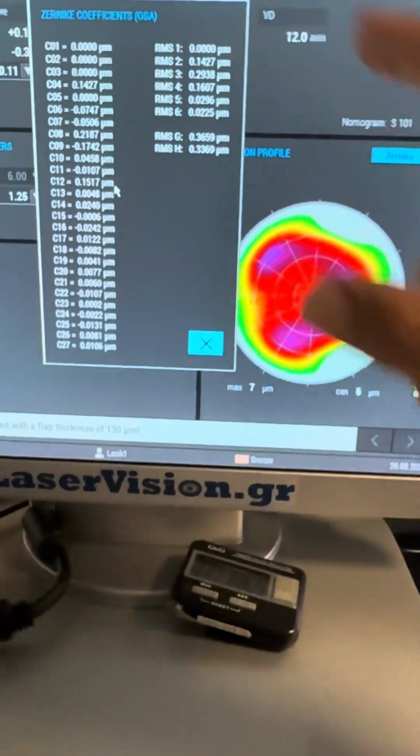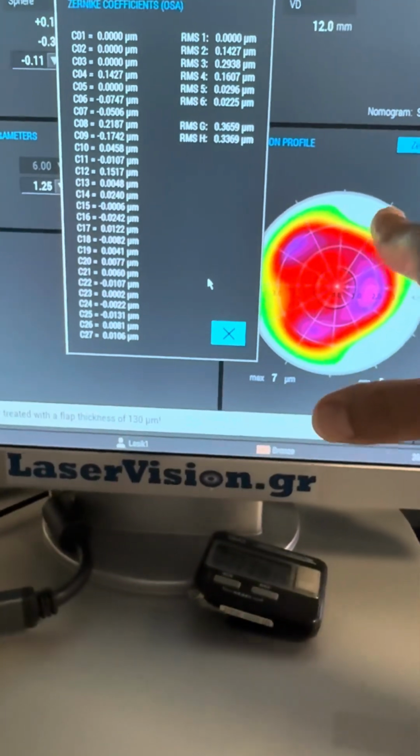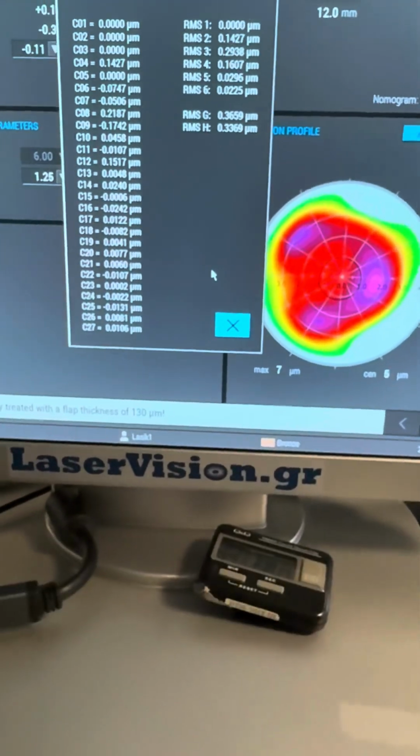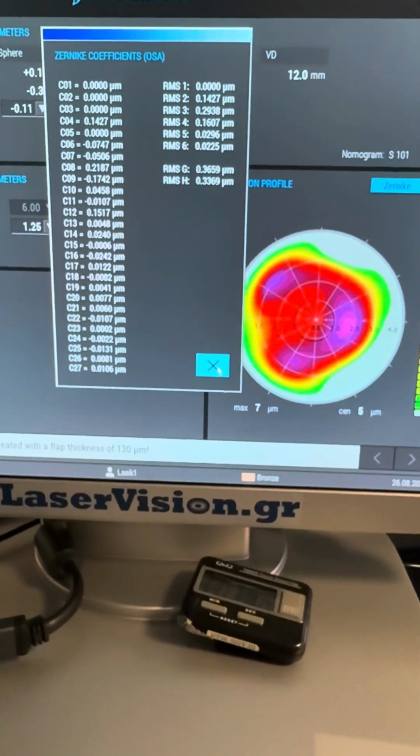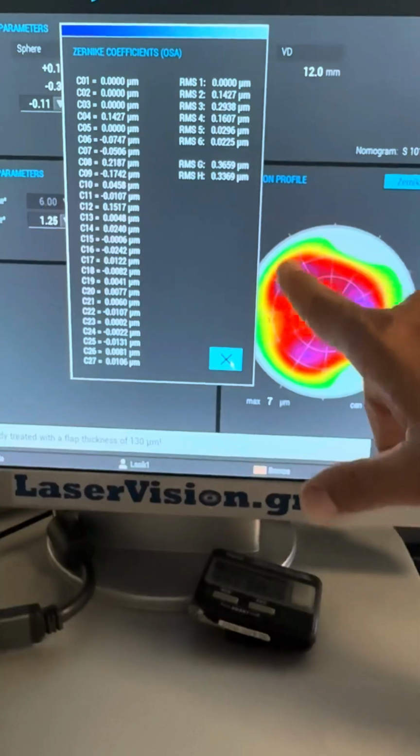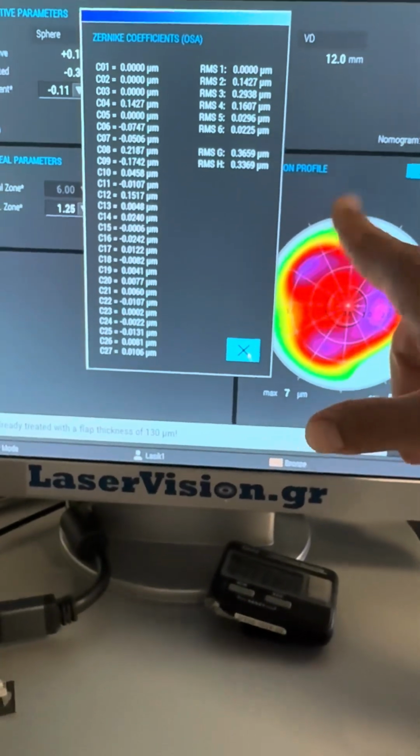So we need to add this to the refraction that we're going to treat, otherwise we're going to have a slight myopic shift. So this is what TNT is, topography neutralization treatment.